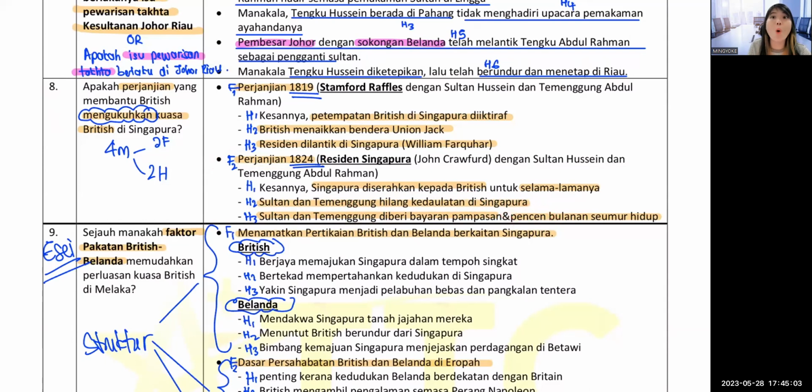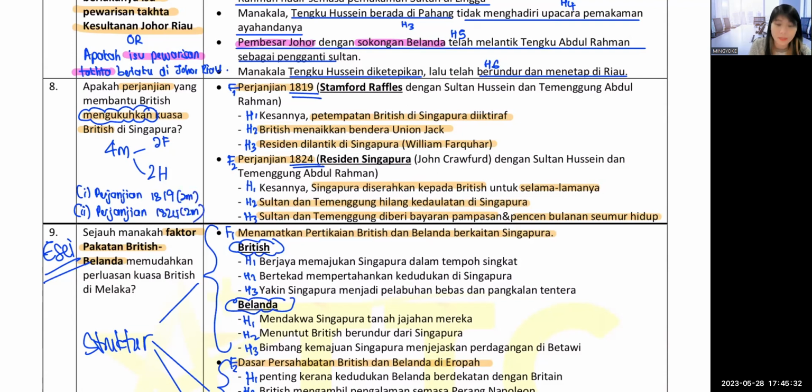retirement fee for life. Okay, so depending on how many marks, if they give you 4 marks, meaning 2 fakta and 2 huraian. If they ask you 1 Perjanjian 1819, 2 Perjanjian 1824, then they give you 2 marks and 2 marks.